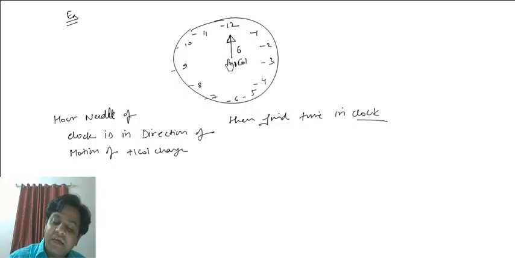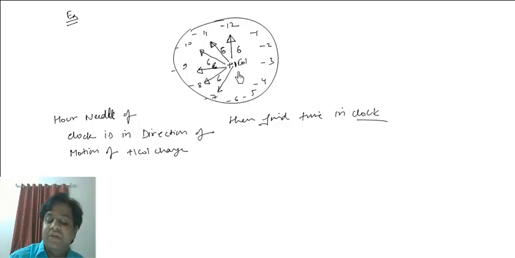In the same way, -11 is attracting this +1 and in this direction only -5 is attracting it, so this force dominates the force of -5 by another factor of 6. The force due to -10 will dominate by 6, the force due to -9 will dominate by 6, the force due to -8 will dominate the force due to -2 by 6, and the force due to -1 will be dominated by the force due to -7 in this direction.